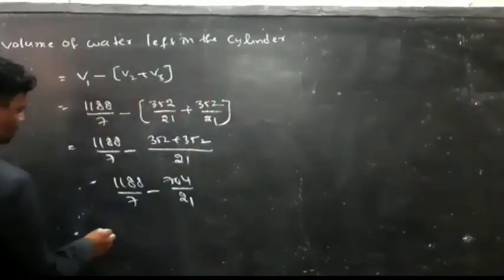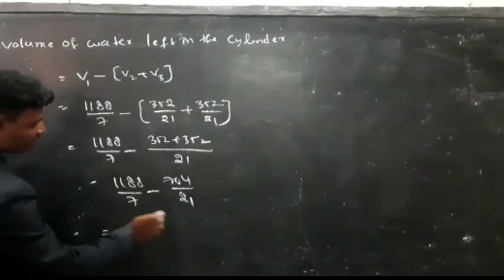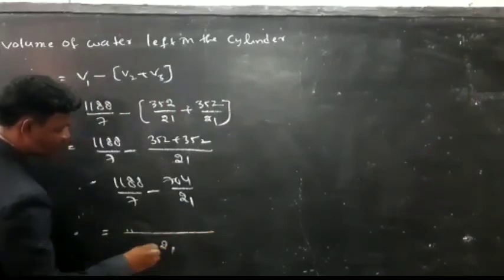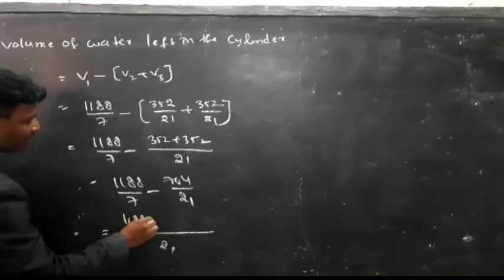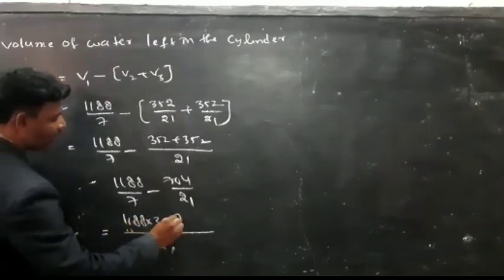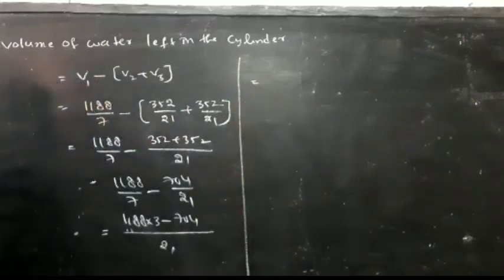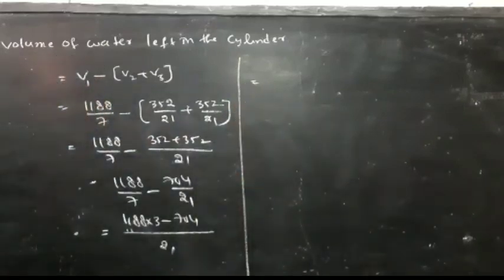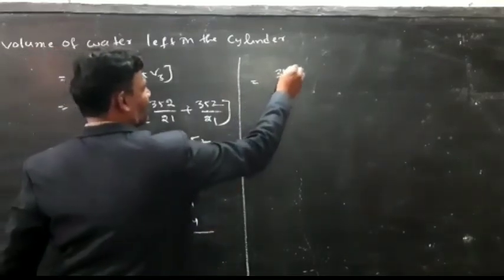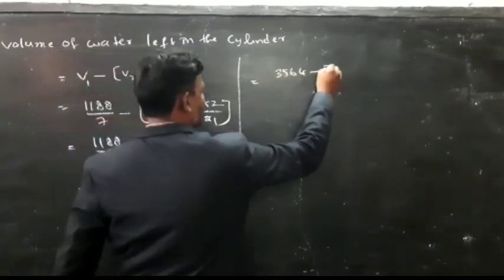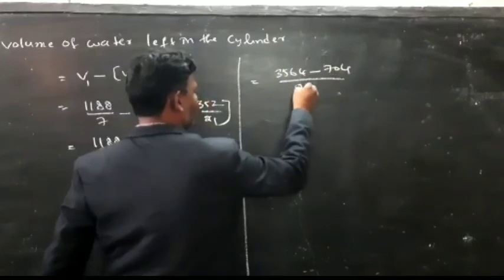Here I am taking the LCM. What is the LCM here? 21. So it is 1188 into 3 minus 704. Now multiply 1188 by 3. What do you get here? 3564. 3564 minus 704 by 21.